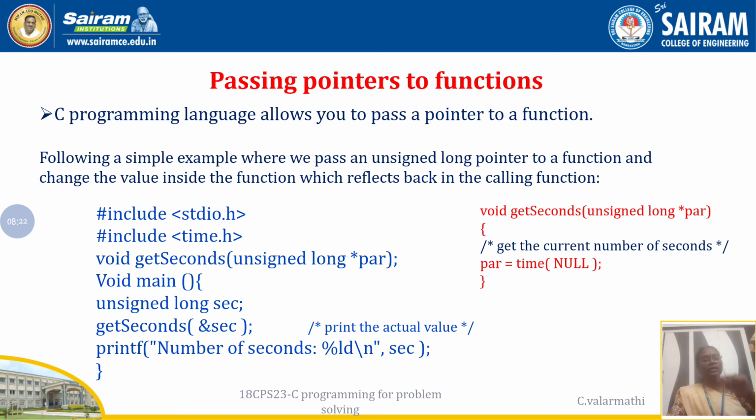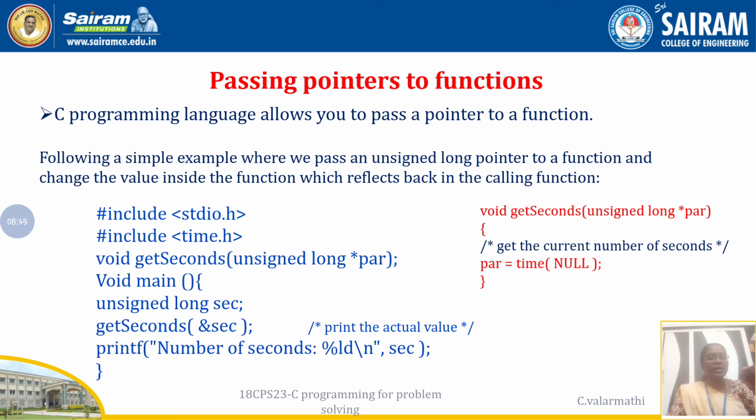At that time the compiler will go and see the definition of getSeconds. On the right side I have written the definition: void getSeconds(unsigned long *par). At that second, whatever the time is returned is assigned to the pointer.